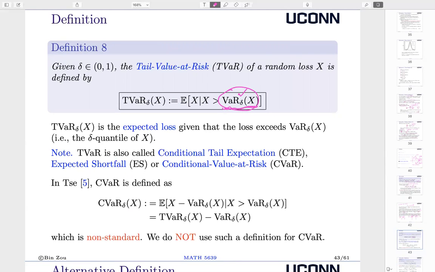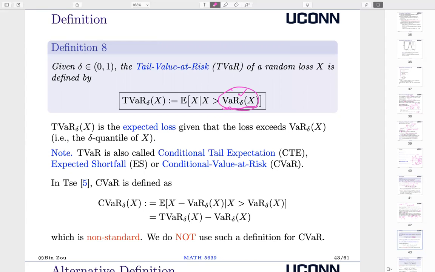So in the end, we consider the entire tail, but we still want to use a single number to give us a quantity of the riskiness. That's why TVaR, although it is a huge generalization, not only considers a single point, it considers the entire distribution. In the end, it still gives us a number, right? That's why it's nice.